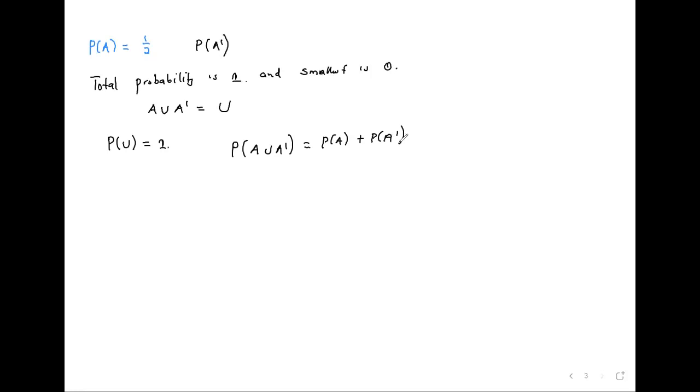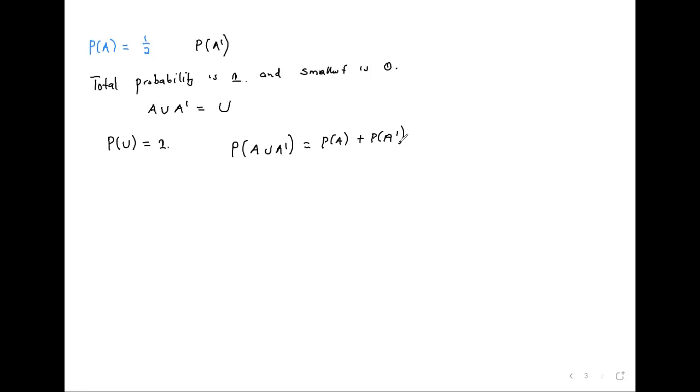This is because A and A complement are disjoint. They do not have any intersection. The intersection is empty. There's no element that can be found in A and outside A at the same time.